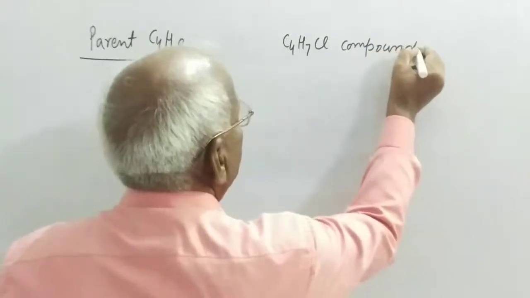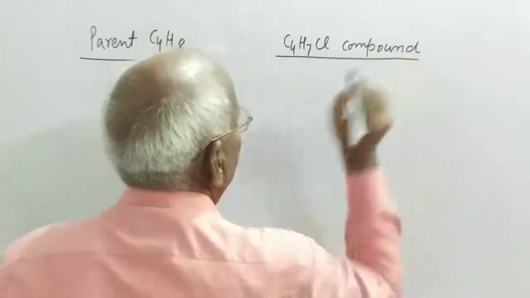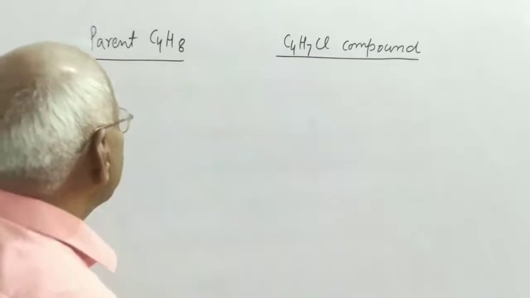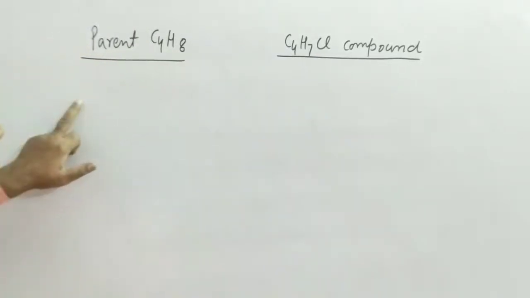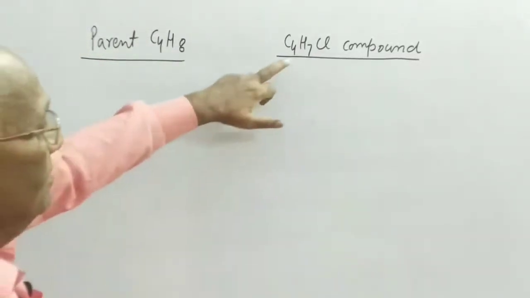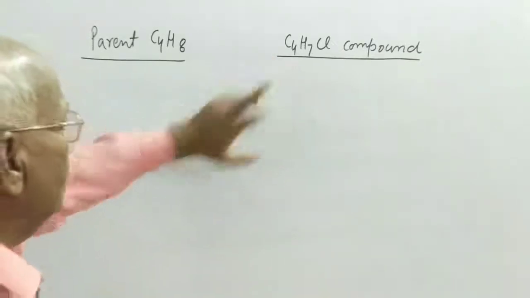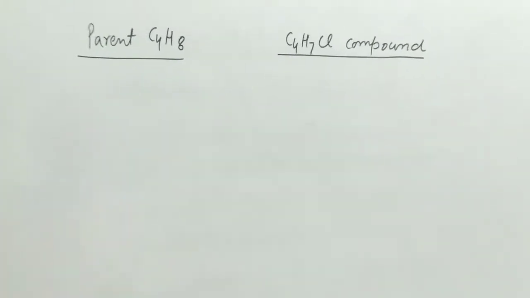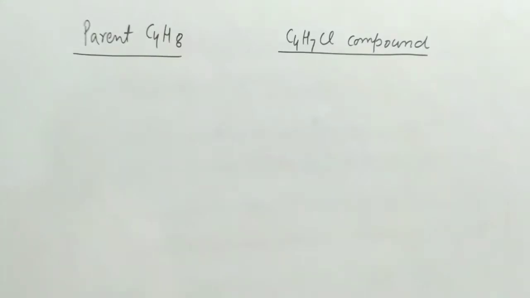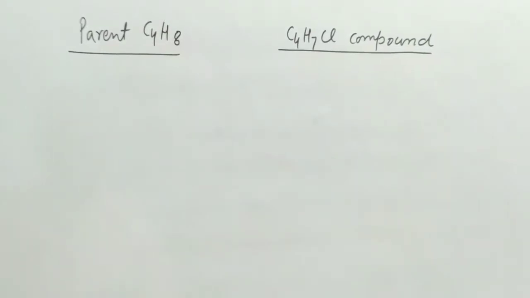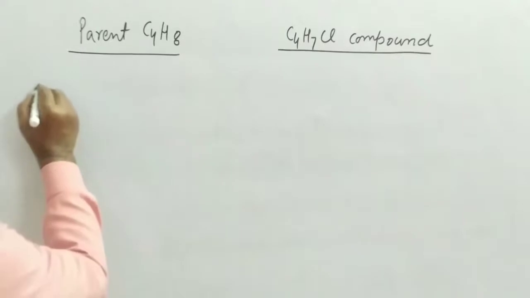At this stage the structure is not known, but when I write the structure of the parent, we will come to know about the structure of the C4H7Cl compound.